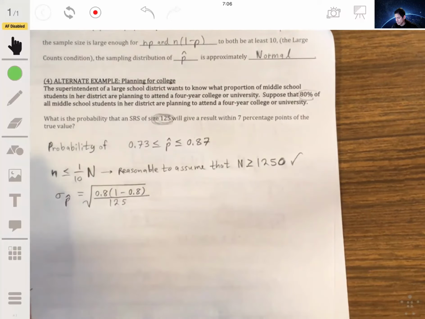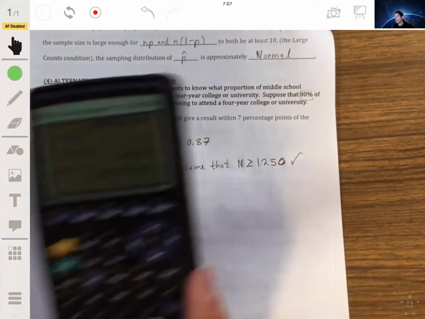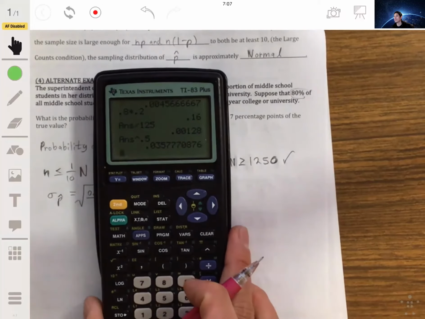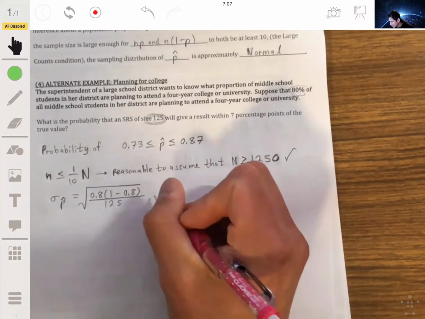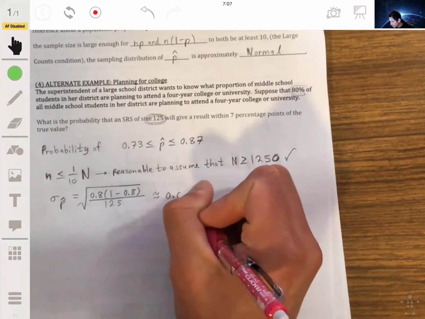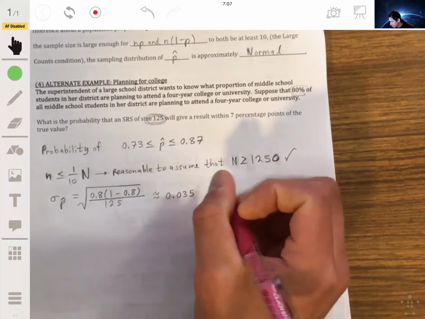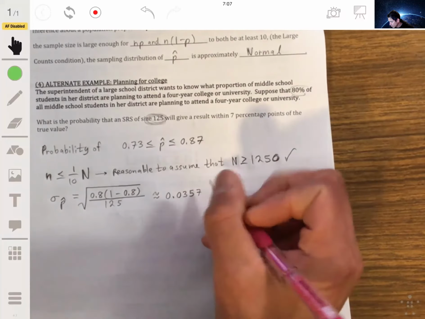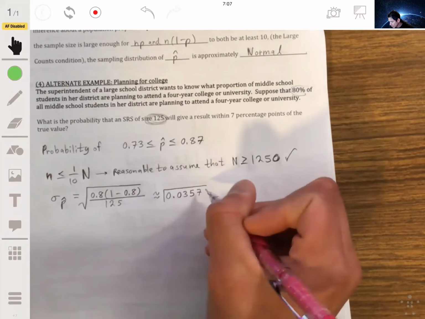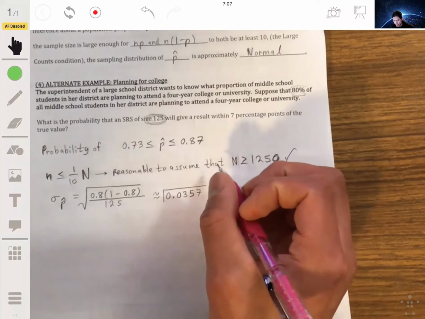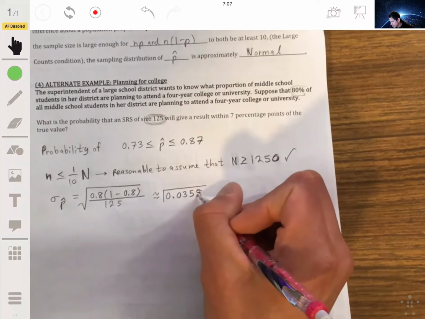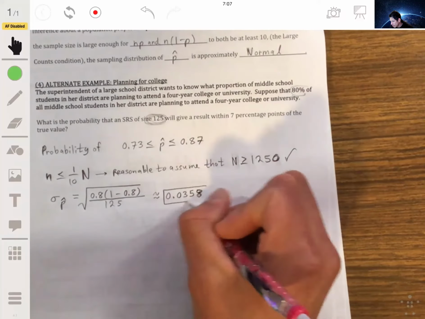You can go ahead and run this: 0.8 times 0.2 divided by 125. And that would be about 0.0357. I guess we'll round to 8 since there's a 7 after that.